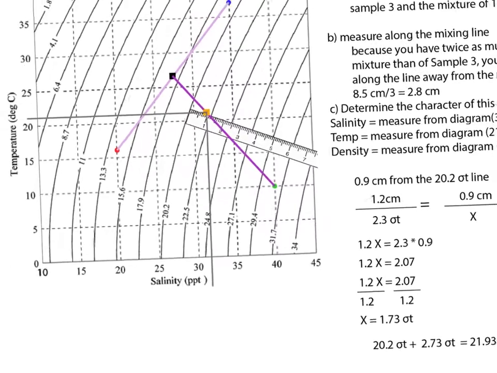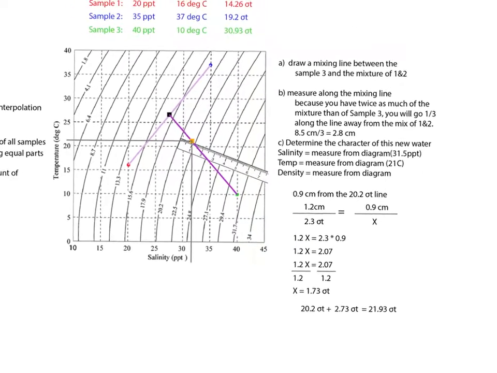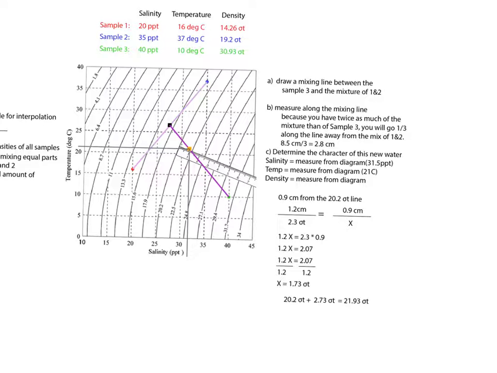And so we've calculated the final temperature, salinity, and density for a sample indicated by the yellow box, which is equal parts sample 1, sample 2, and sample 3.